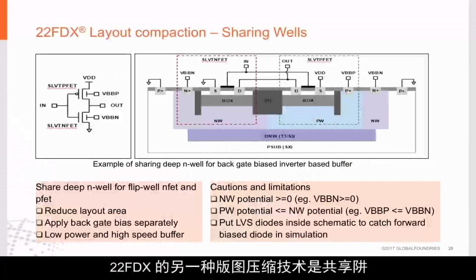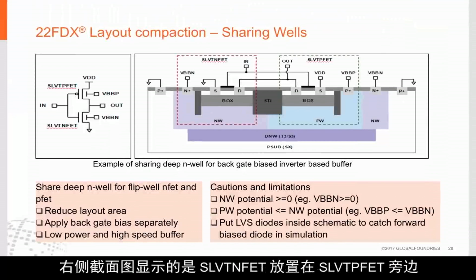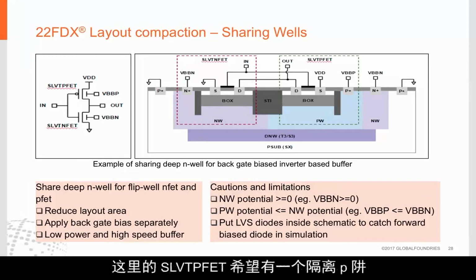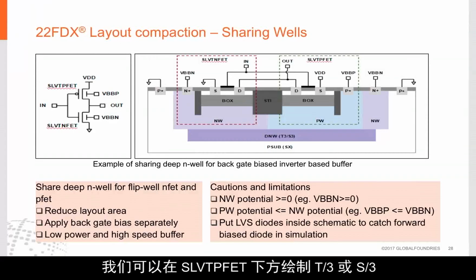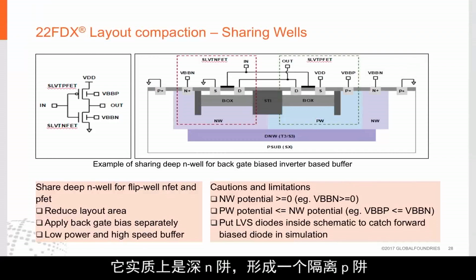Another technique for layout compaction in 22FDX is sharing of wells. The cross-section shown on the right shows where an SLVT N FET is placed next to an SLVT P FET. The SLVT P FET in this case wants to have an isolated P well. We can draw T3 or S3, which is essentially deep N well, under the SLVT P FET, creating an isolated P well.